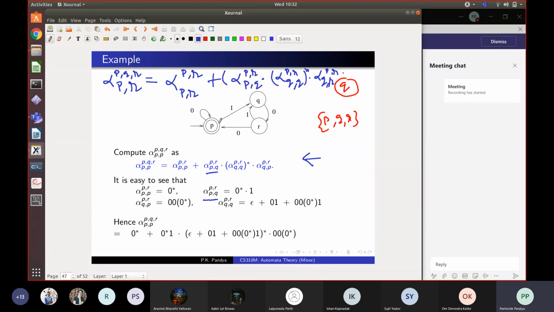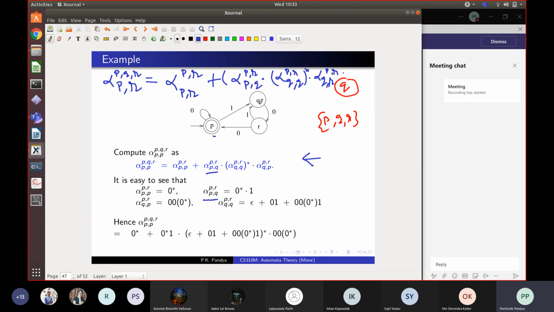You can go from P to Q, and you can repeat R any number of times, but you can't have Q occurring intermediately. So this loop is forbidden, because you cannot exit from Q, then Q would become an intermediate state. So the only loop allowed is this, and you have to go from P to Q. Basically the only path you can take is go from P to P and then go to Q. So you will get 0 star 1.